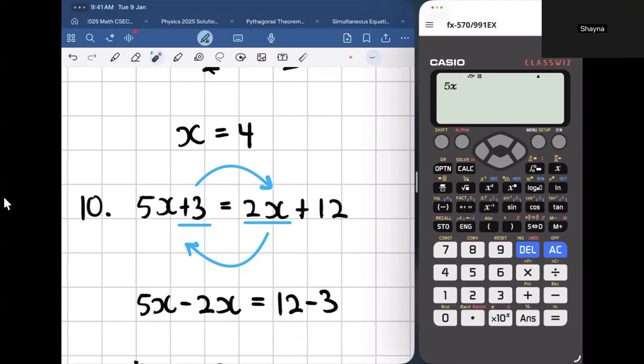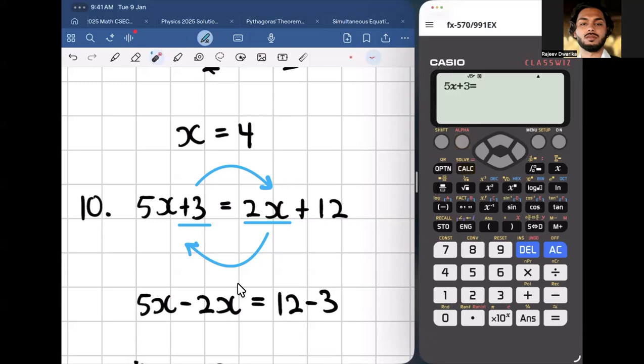Yes, sir. Okay, the next thing you're going to do is put plus 3. Just confirm that you have 5x plus 3, so I can move on. Yes, sir. Now you're not going to press the equal sign, okay? You have to be careful. What you're going to do is press alpha calc.